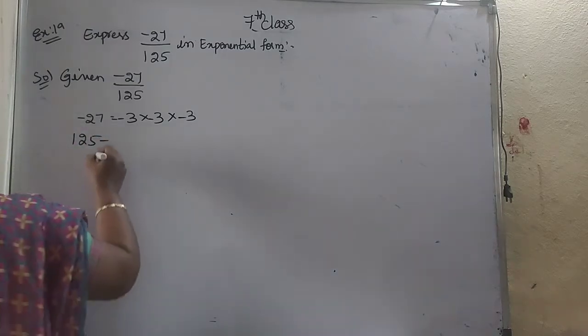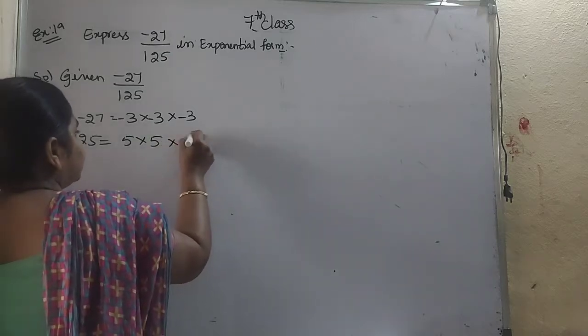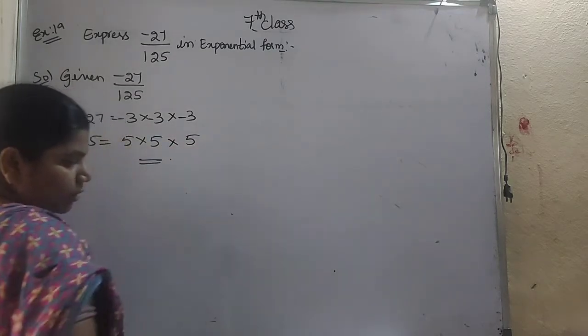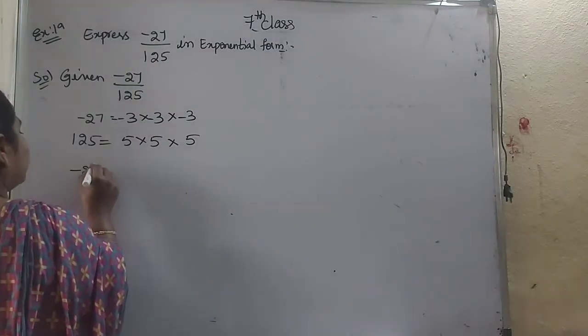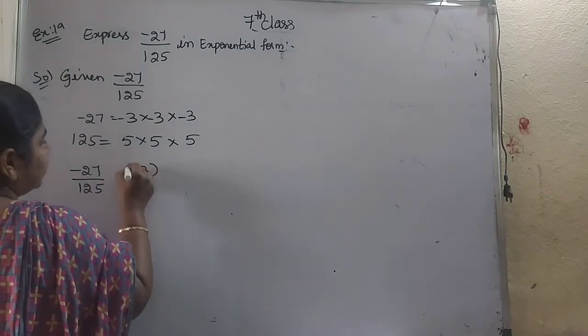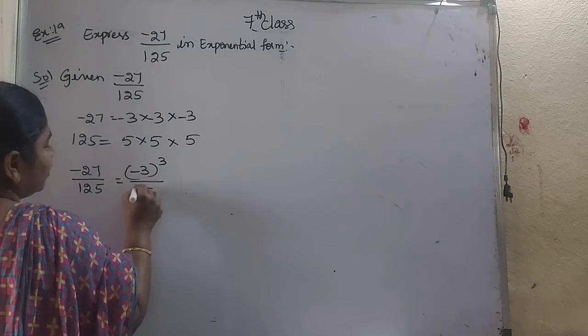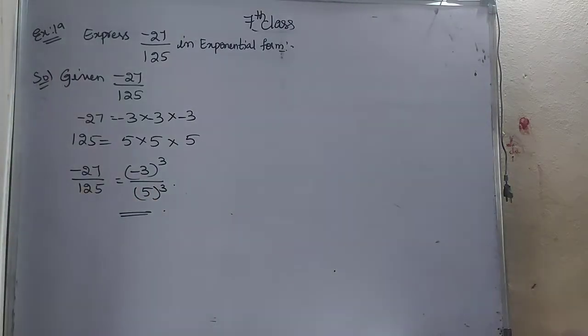What are the prime factors of 125? 5 times 5 is 25, 25 times 5 is 125. So these are the prime factors of minus 27 and 125. So minus 27 by 125 is equal to (minus 3) whole power 3 by 5 power 3. So this is our example number 19.